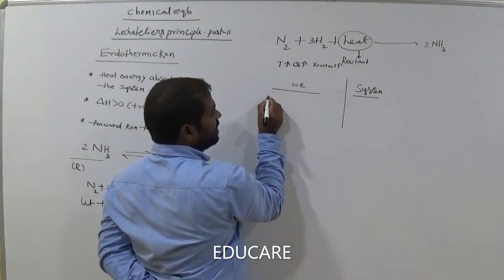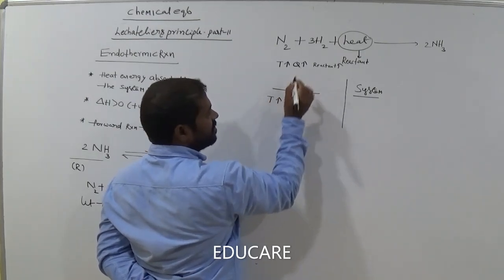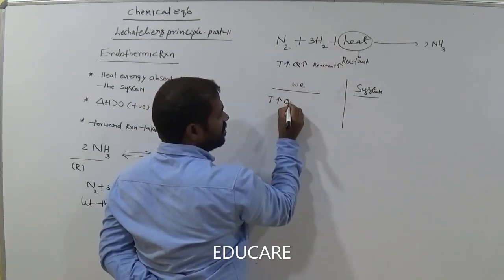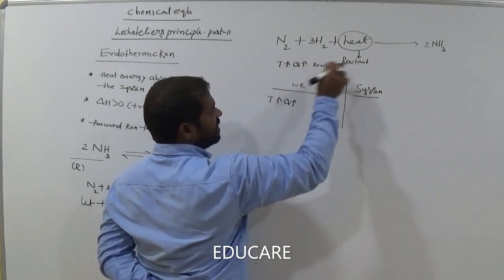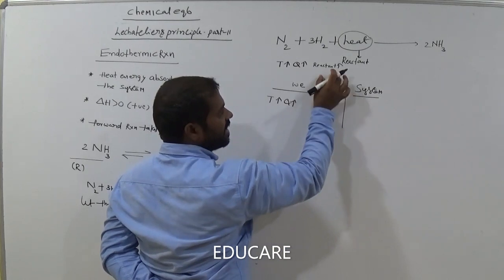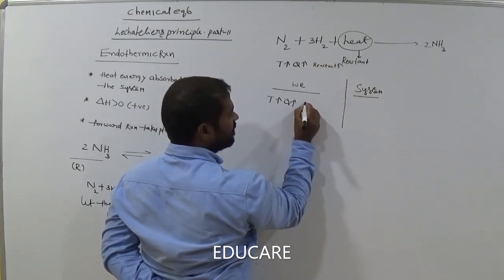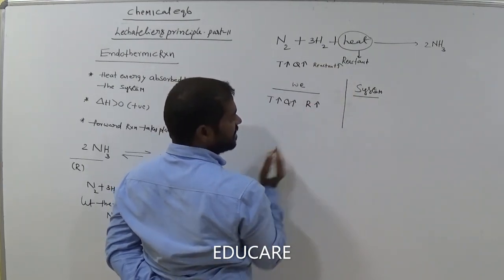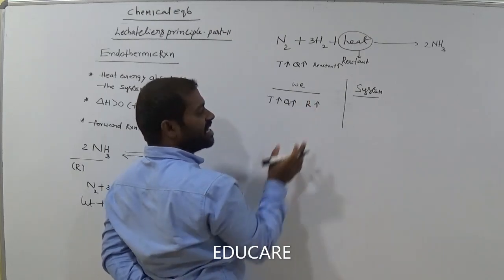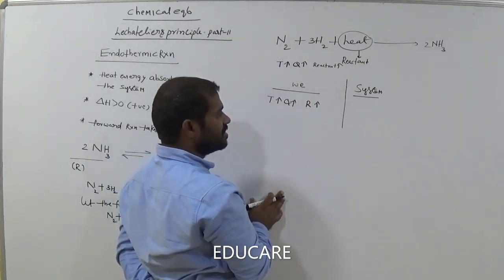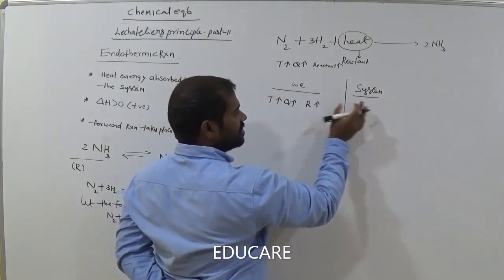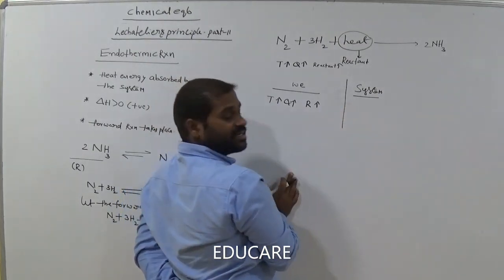So here temperature is high, heat energy is also high. Is this one a reactant or not? The reactant's concentration is also high. Here the system increases the reactant's concentration. Now what can the system do here?